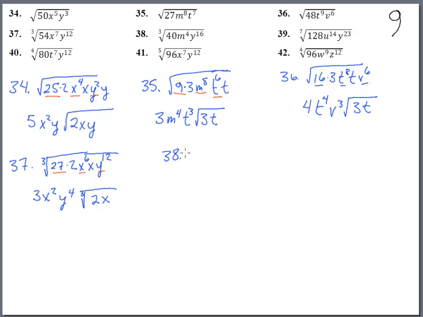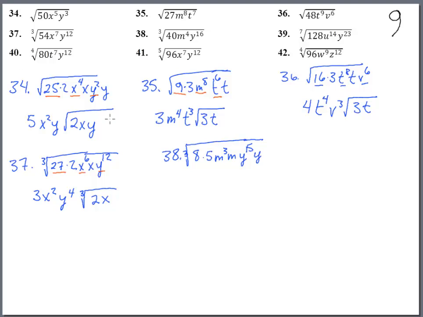Number 38. Cube root of 40. So again, we've got 1, 8, 27, 64. 8 goes into that. This is 8 times 5, m cubed m. And y to the 15th is a perfect cube of y to the 5th and has an extra y there.